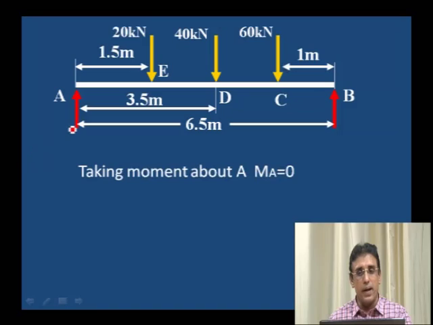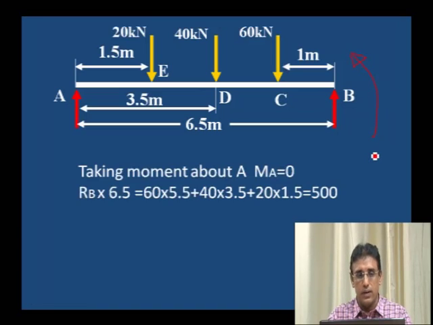Taking moment about A, RB into 6.5. RB is anti-clockwise, RB into 6.5 is equal to, this is the anti-clockwise, I have taken left hand side, and clockwise moment to the right hand side. Instead of writing 60 into 5.5 with a minus, I have transferred it to the right hand side.